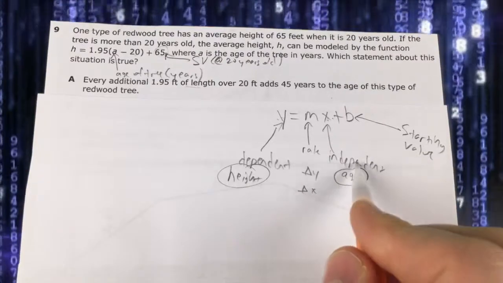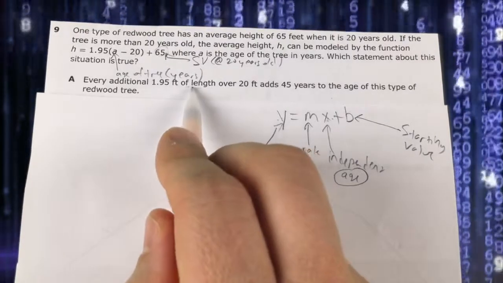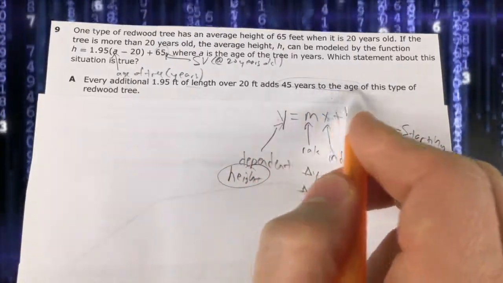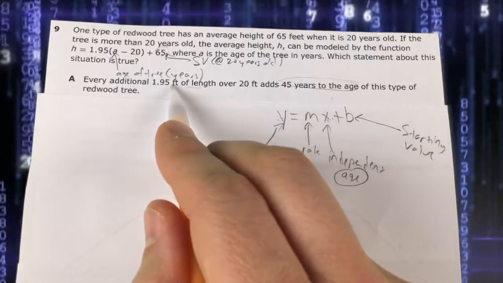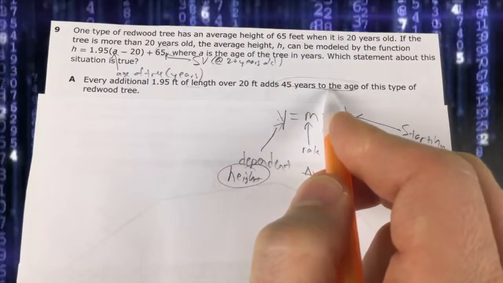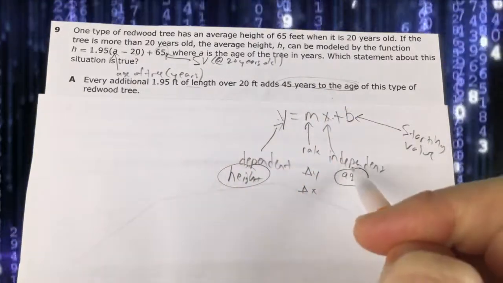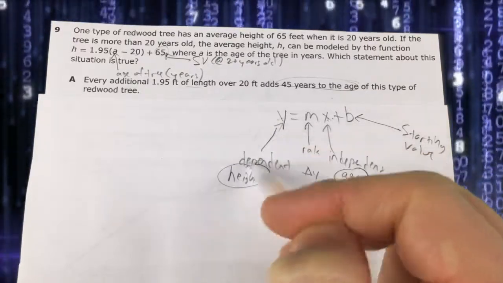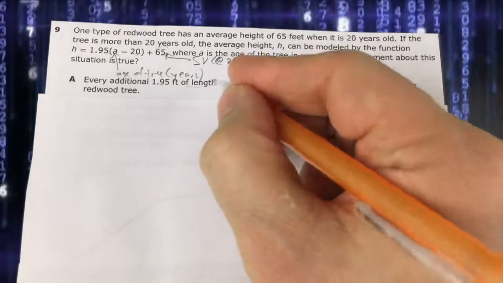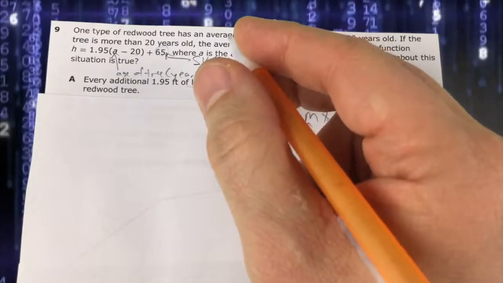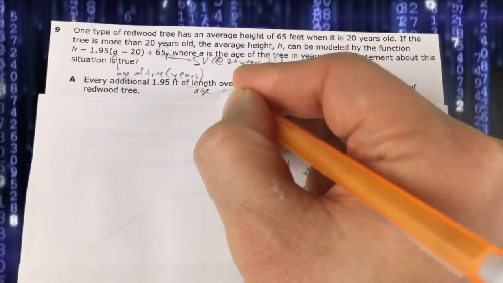Height depends on age, but this one is saying that age depends on height, that the longer it gets, the older it gets. That doesn't make sense, because height depends on the age. So age doesn't depend on height. That's why this one's wrong.